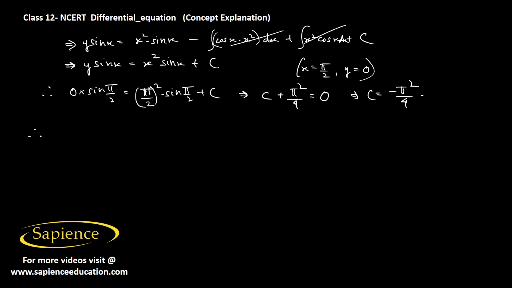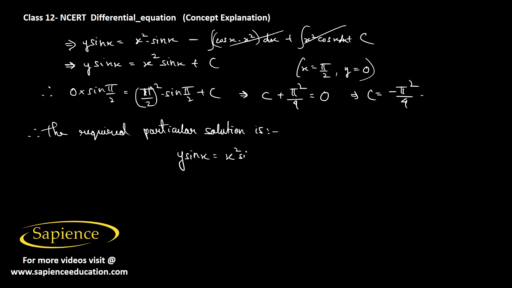So the required particular solution of this given differential equation is y sine x equals x square sine x minus pi square by 4. Or we can divide by sine x on both sides, if sine x is not equal to 0.